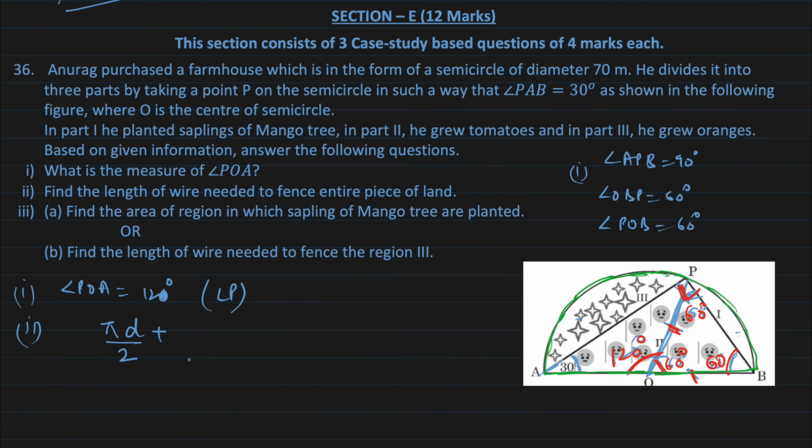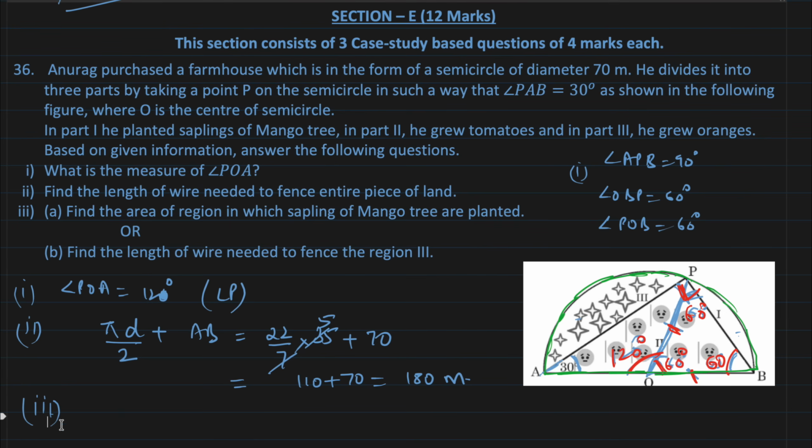Because half of the circle we are taking, pi d by 2 is pi r, and you have to add AB. So this is how much? 22 by 7 into, diameter is 70, so 35 is the radius, plus AB is 70. So 5, so that's how much? 110 plus 70, so that's 180 meter. Done. You don't have to write full steps here.